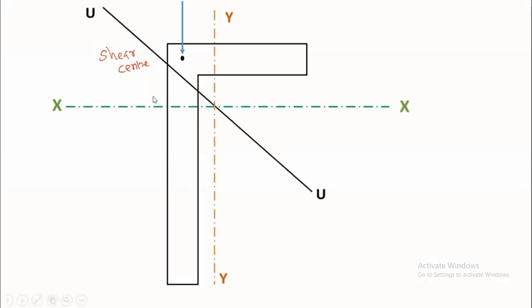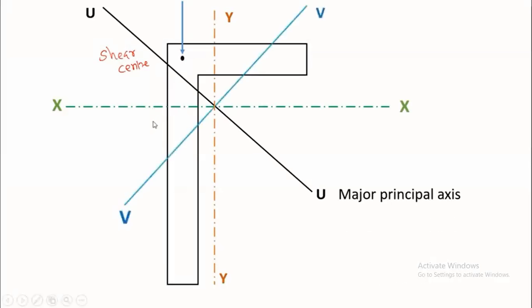Now, this is the major principal axis, and this is the minor principal axis, right? Now you see your applied load P or W per meter is inclined with respect to the major principal plane or minor principal plane. That is why this will produce unsymmetrical bending.